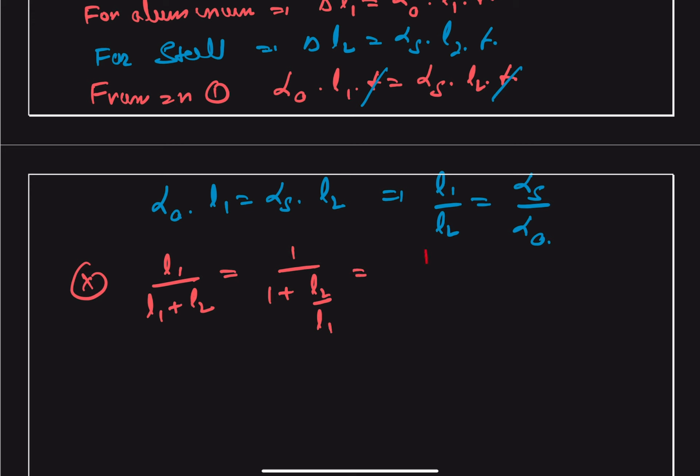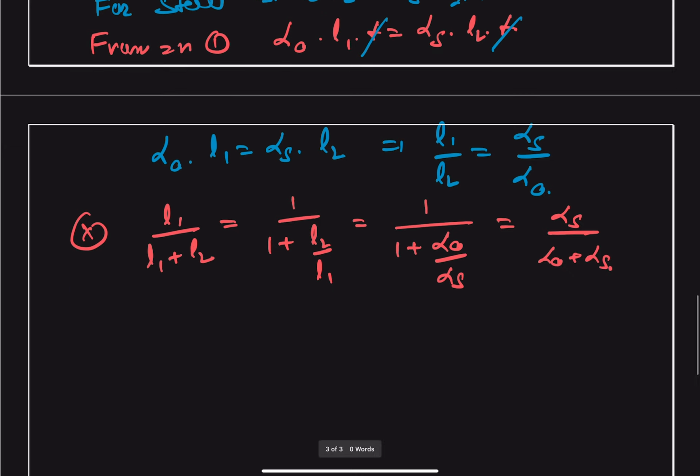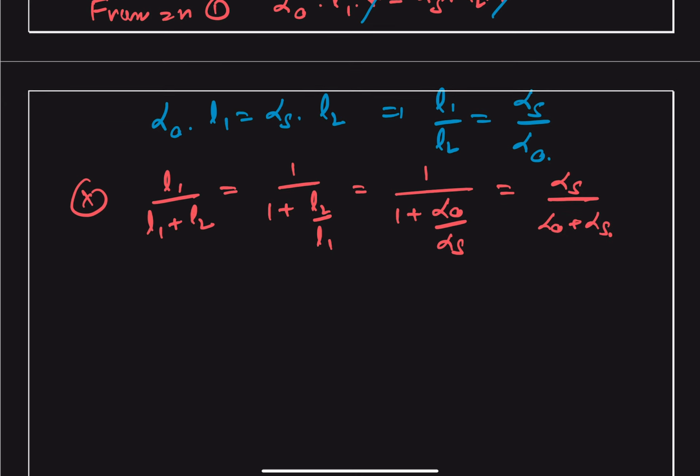If you substitute the value, we get 1 upon 1 plus alpha A upon alpha S, and we get this as alpha S upon alpha A plus alpha S. So the ratio L1 upon L1 plus L2 is equal to alpha S divided by alpha A plus alpha S.